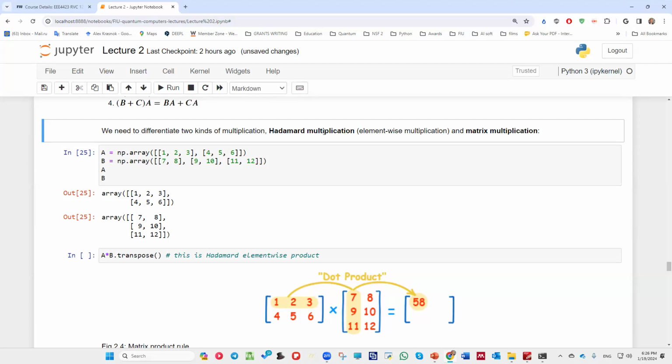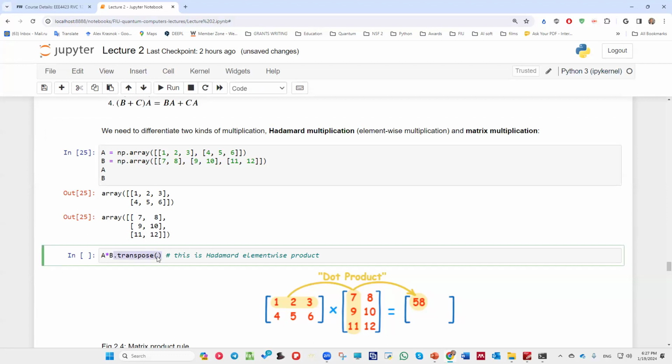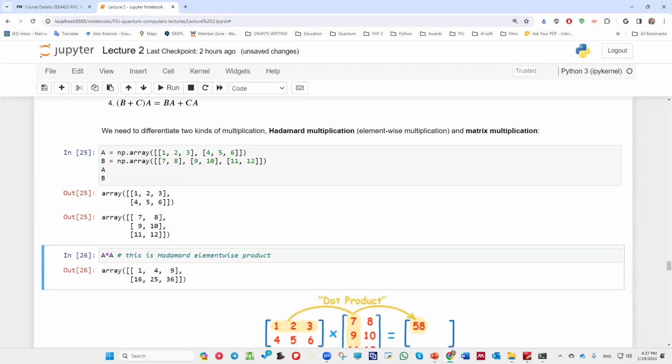In order to make this Hadamard multiplication possible, you need the matrices to be of the same shape. For example, if I have matrix A and I want to multiply it by itself, I can simply write A star A. This is Hadamard multiplication by default, and it gives me another matrix, which is basically A squared.